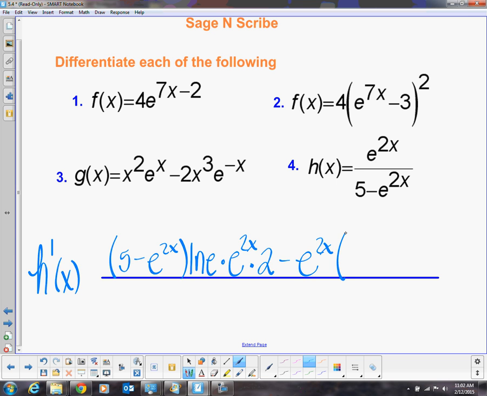What's the derivative of the denominator? 0 minus derivative times, and this is all going to be over 5 minus e to the 2x quantity squared.